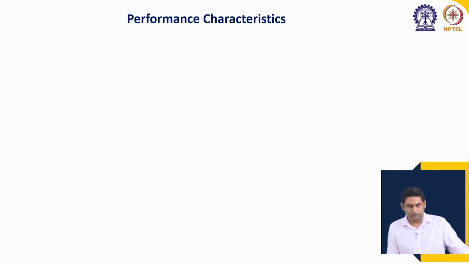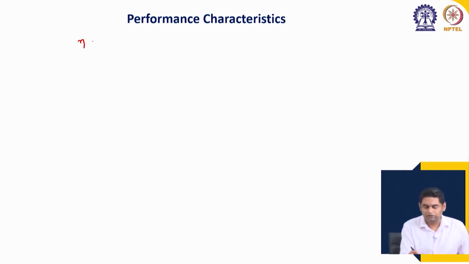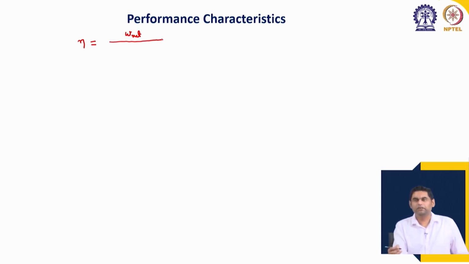So, what is the value of efficiency? As per the standard definition, this is the net work output. By the way, when we say efficiency in all these cycles, we mean the thermal efficiencies, the first law efficiencies of the cycle.